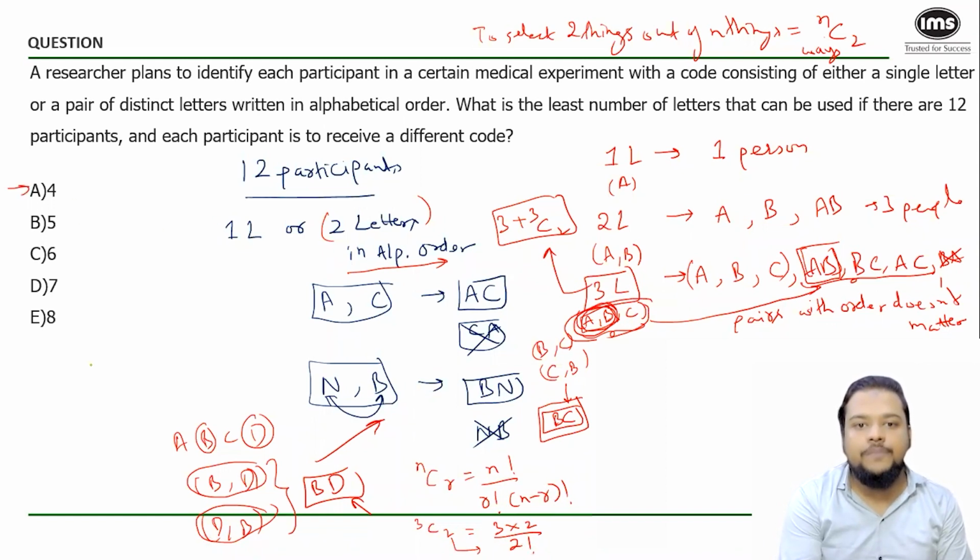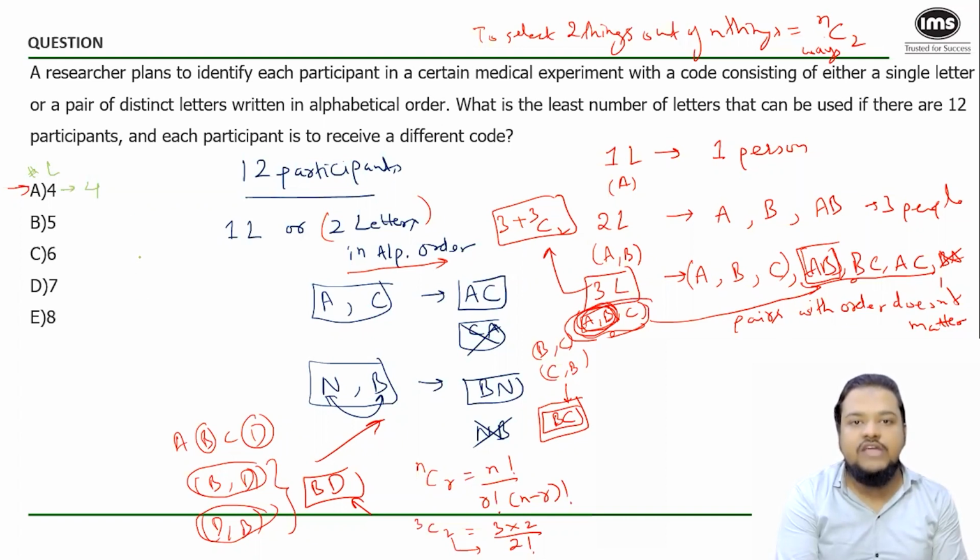Okay, perfect. Now let's move on to the options and we'll solve option by option. So if the number of letters is 4, how many participants can I code? I can give A to the first person, B to the second person, C to the third person, D to the fourth person, and then I will start making pairs out of those 4 letters. The order of choosing the letters will not matter, because in that pair of code there is only one possibility, the alphabetical order.